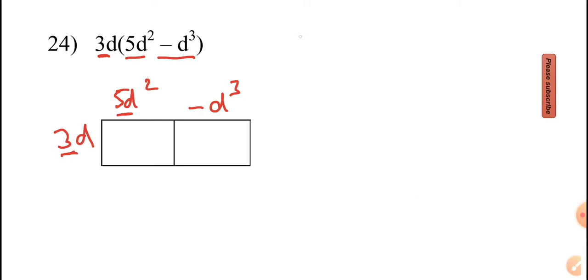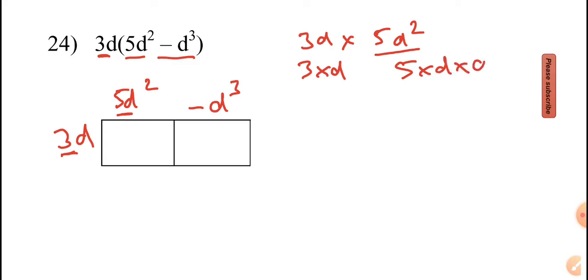So let's do the working out here. So 3d times 5d square. That's the same as saying 3 times d, and 5d square means 5 times d times d, and because it's all multiplying, copy the multiply sign down here as well.